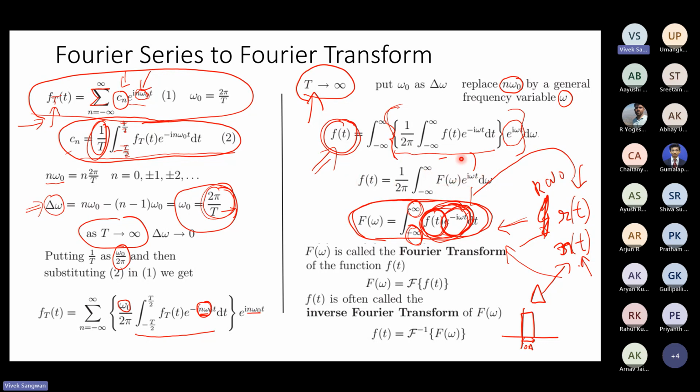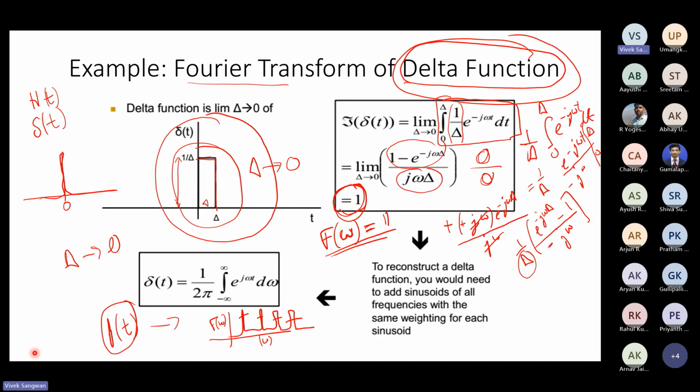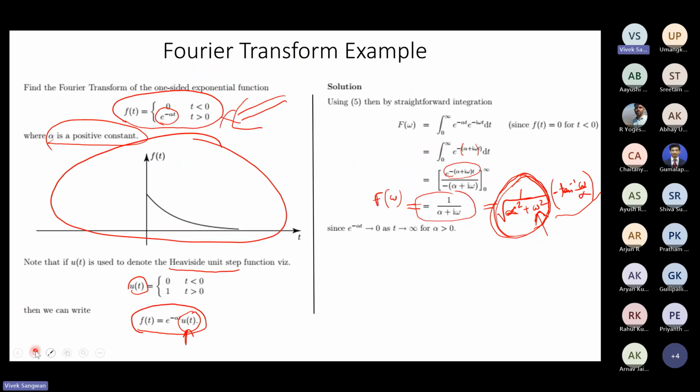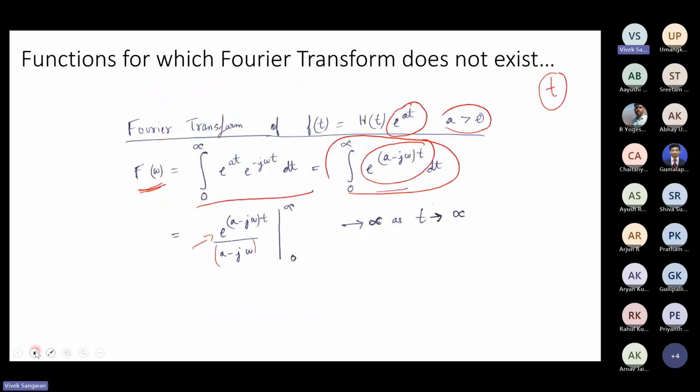So we started with one equation: f(t) is equal to the integral of its own Fourier transform, and that Fourier transform is also written in terms of the integration of f(t) itself. That is the starting point for deriving the Laplace transform from the Fourier transform.